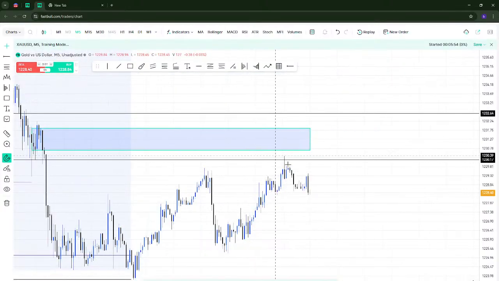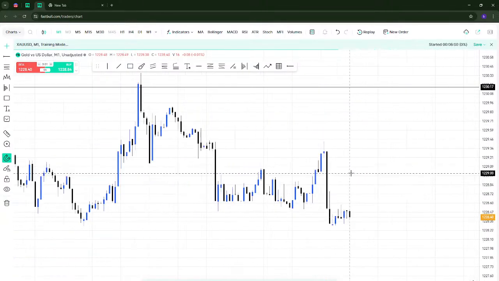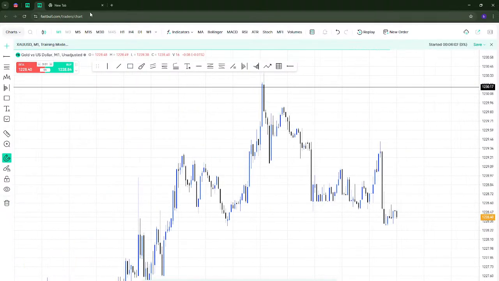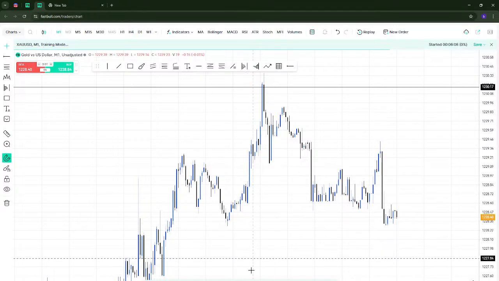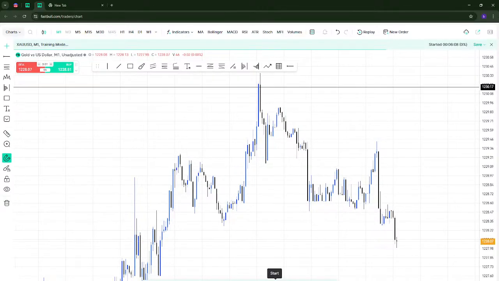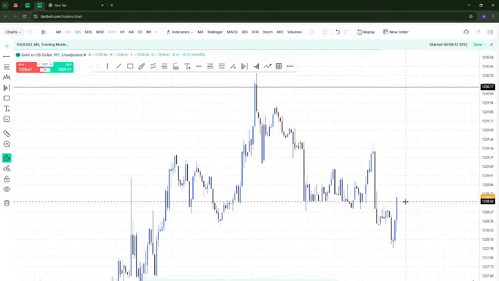Pretty liquidated and gave a very strong rejection in this area. So let's see if it liquidated this low area. Now let's see something happen.